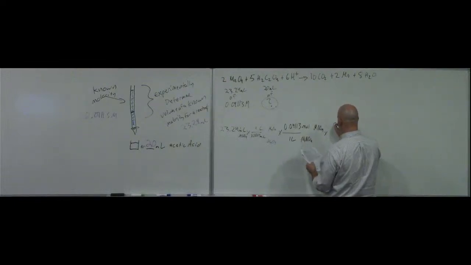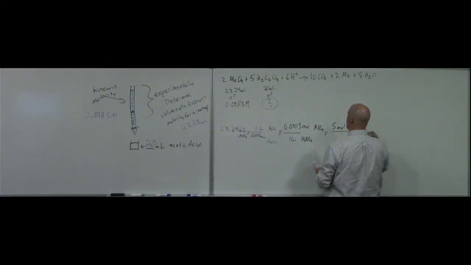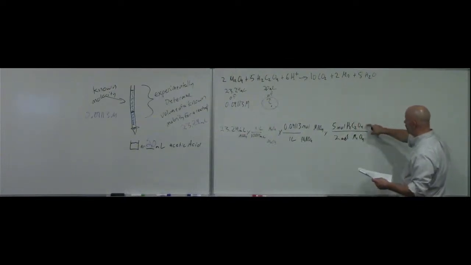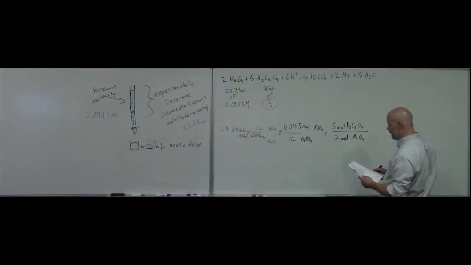I'm going to do 5 moles of oxalic acid, H2C2O4, over 2 moles of permanganate, MnO4. That gives me my moles of oxalic acid.